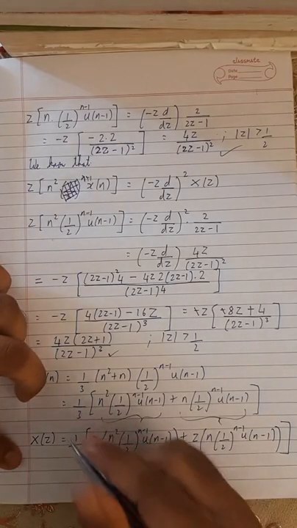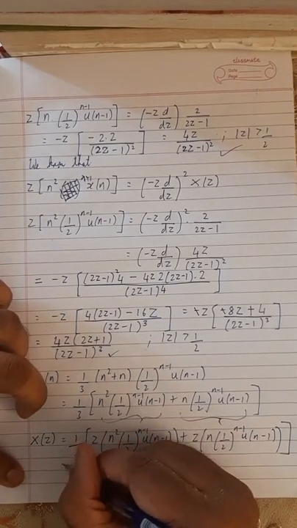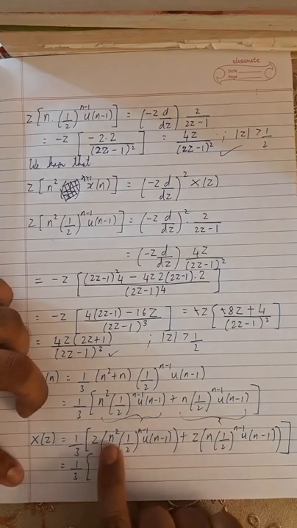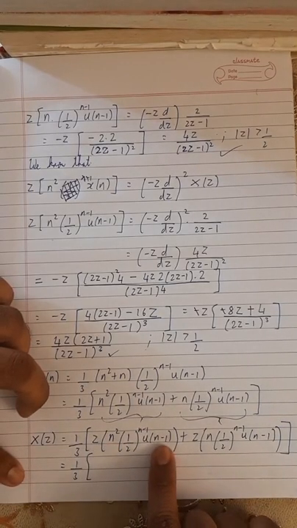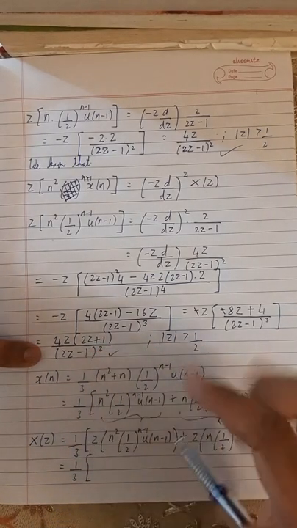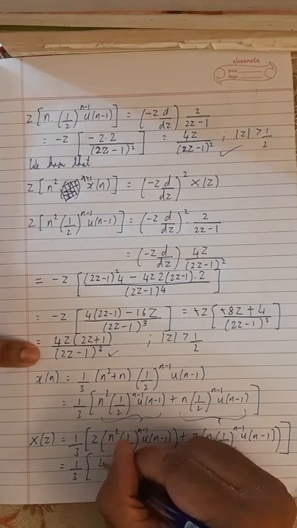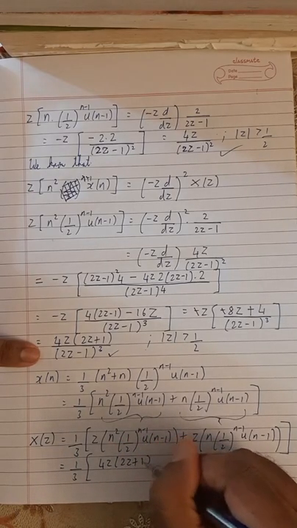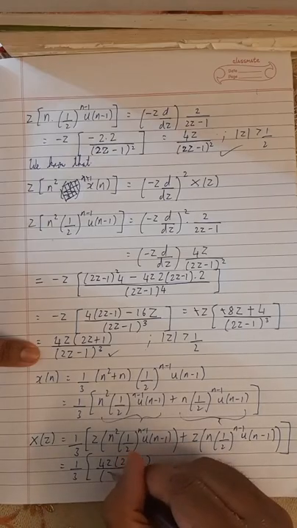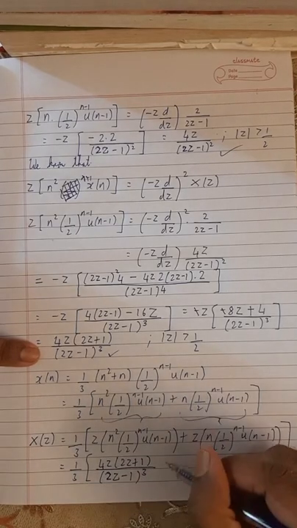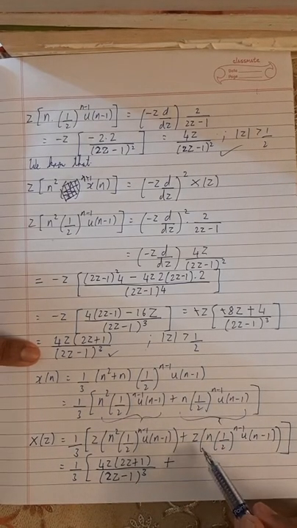So what is the z transform of n square 1 by 2 n minus 1 u of n? You found the value, that is this one over here, right? This is the value, so that is nothing but 4z into 2z plus 1 by 2z minus 1 the whole cube, okay.